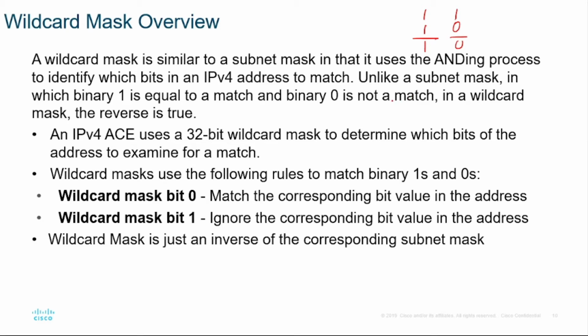So a little bit confusing, but you have to remember that speaking of ACL, 0 must always be match. Match means you have to match the corresponding bit value of the given IP address. And 1 means you have to ignore the corresponding bit value in the address.